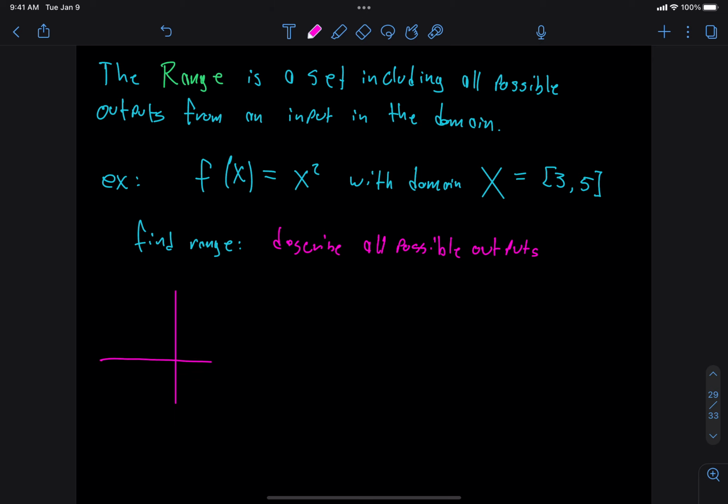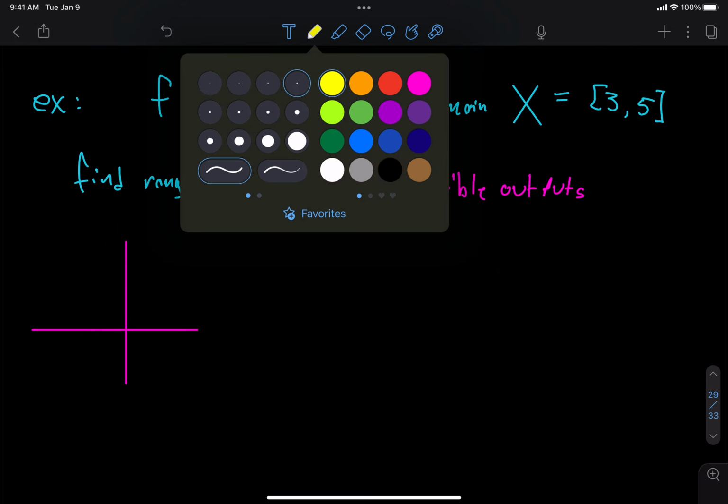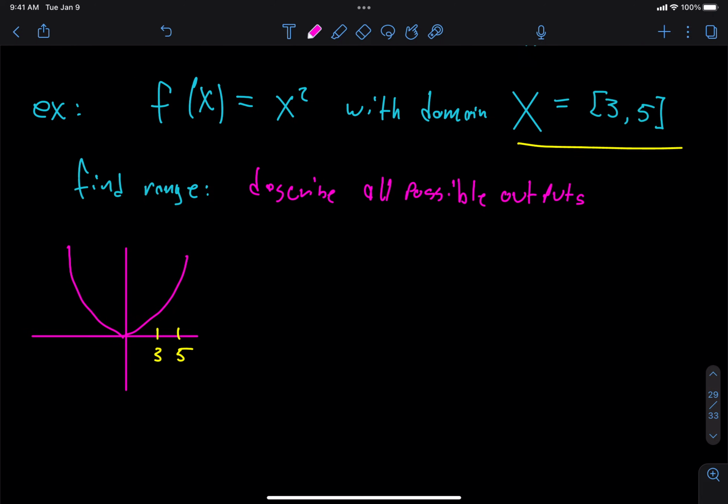It'll be extremely useful in finding out what the range is. So let's draw the domain, 3 to 5. And what does the function x squared look like? It looks like a parabola, right? We want to think about what possible numbers I could get if I plugged in a number between 3 and 5.